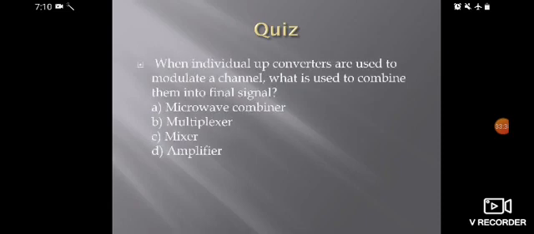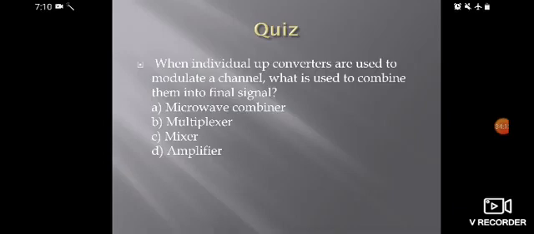When individual up converters are used to modulate a channel, what is going to be used to combine them into the final signal? The first option is microwave combiner, the second is multiplexer, the third is mixer, and the fourth is amplifier.